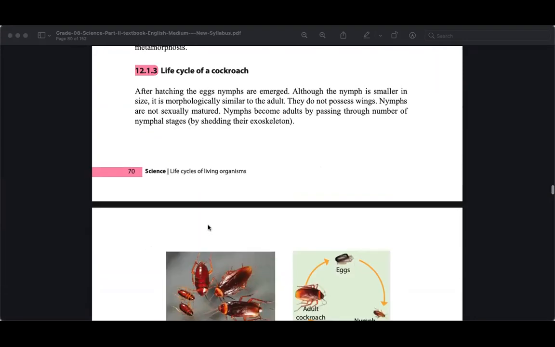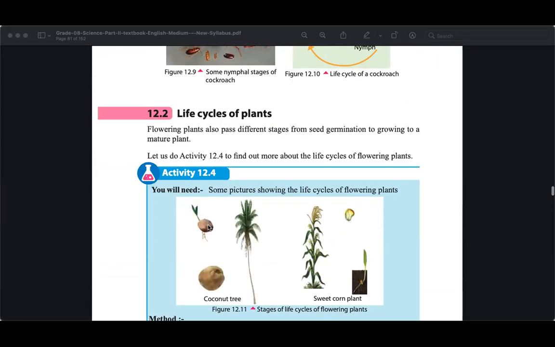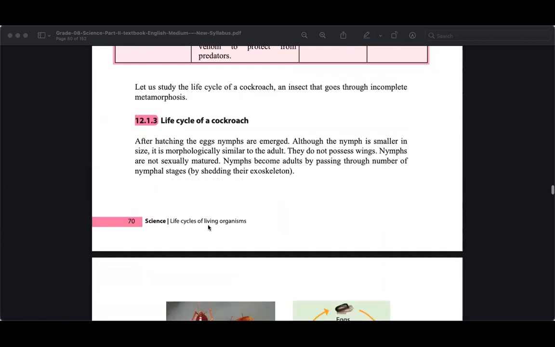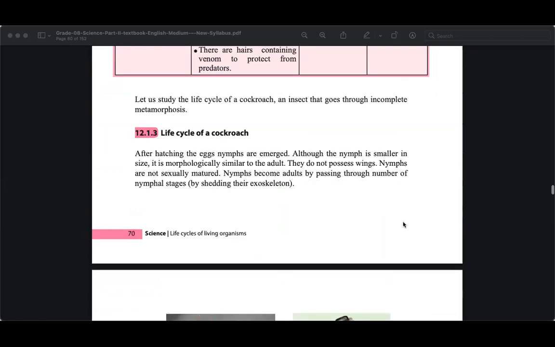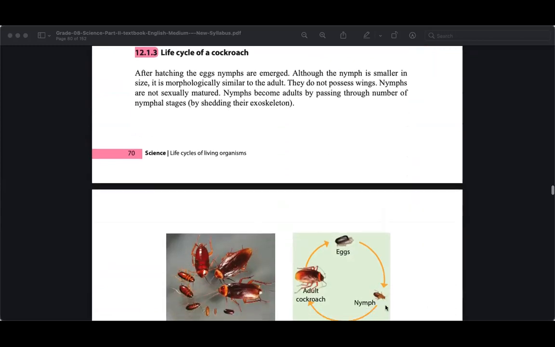Okay, then a few more life cycles we have to discuss. Let's finish with the precocious life cycle, which is incomplete metamorphosis, showing incomplete metamorphosis with a nymph. So again, after hatching from the eggs, nymphs emerge. You can see nymphs are very small, tiny.